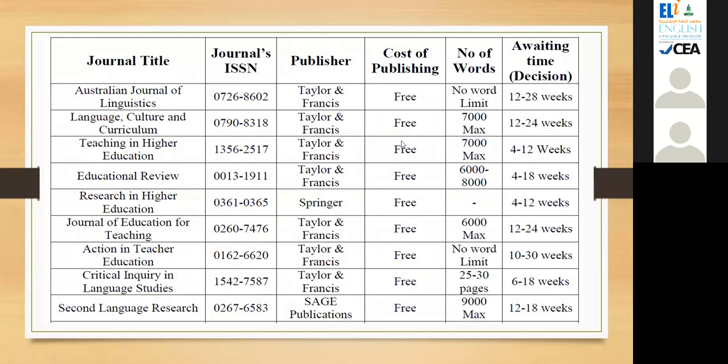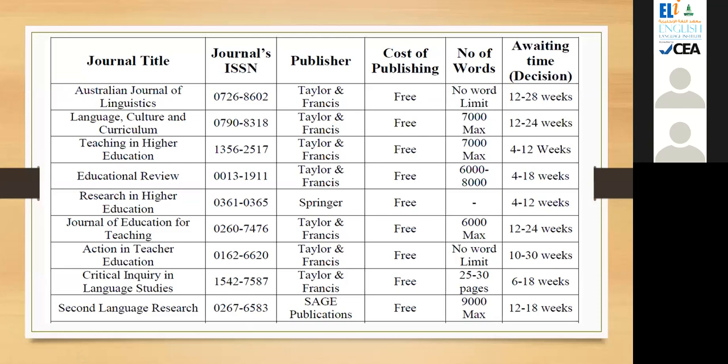Okay, so as you can see here, you have to look for this information: the name of the journal, the ISSN number, who the publisher is, and also the cost of publication. Is it free? Is it maybe costing? What's confusing sometimes, as I said before, is that if the journal asks for an amount of money, that does not necessarily mean that this is a bad one.